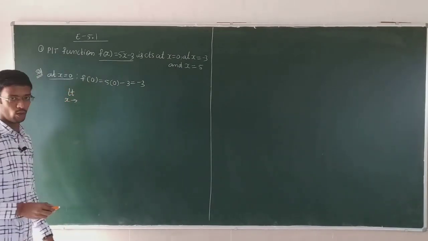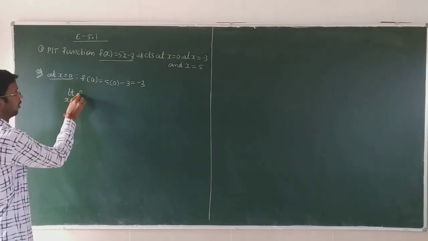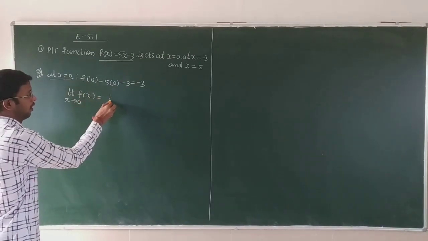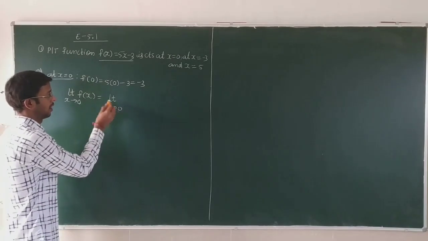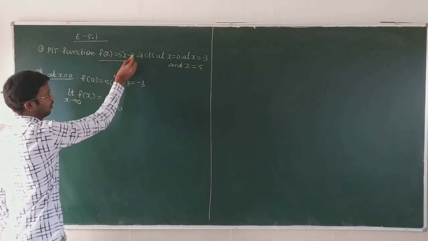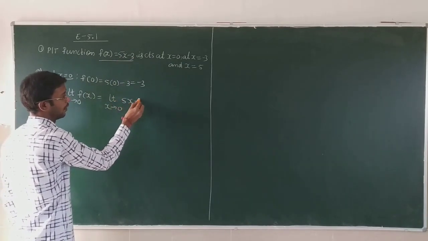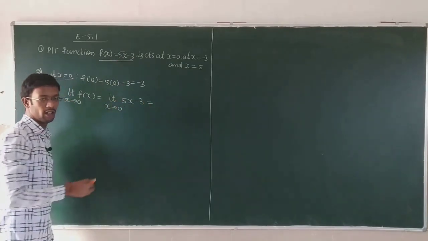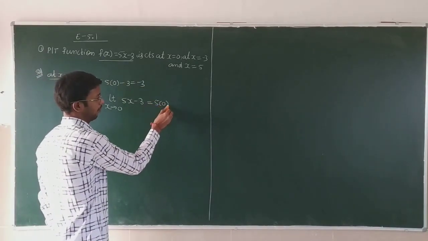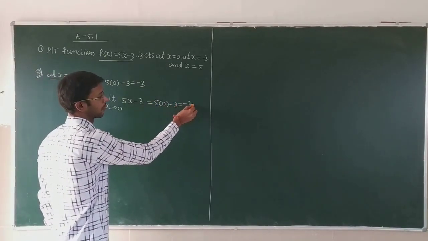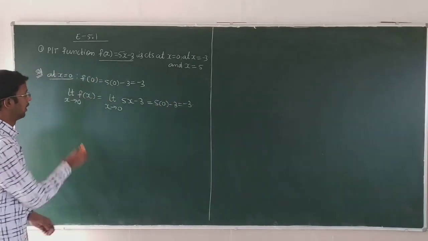Limit x tends to 0 of f of x, where f of x is 5x minus 3. As x tends to 0 the value is 0, so directly we can take 0, minus 3.